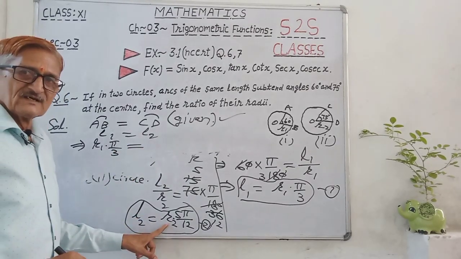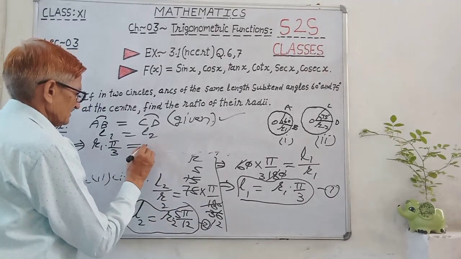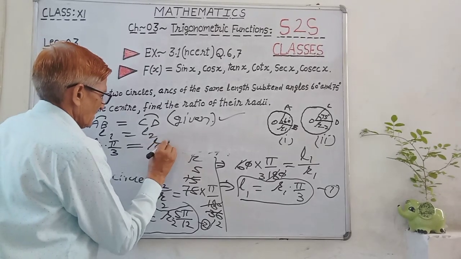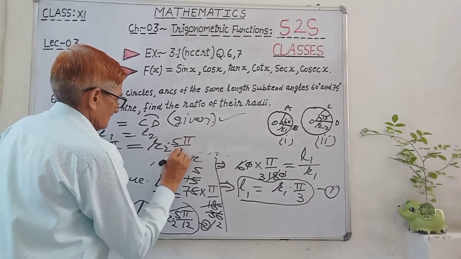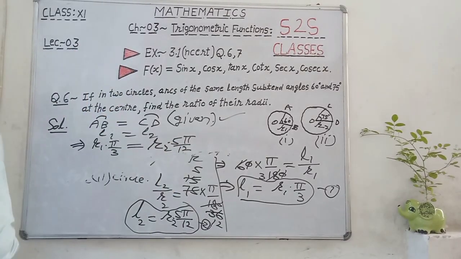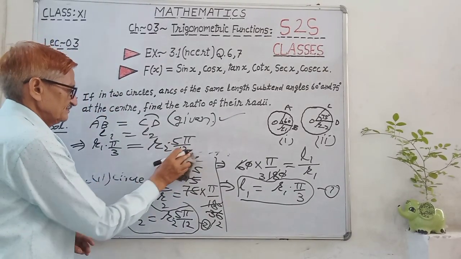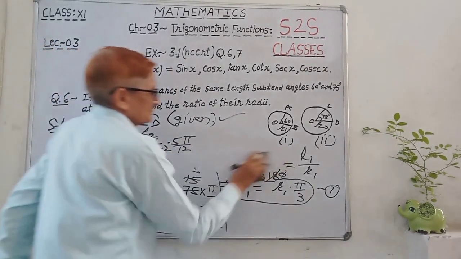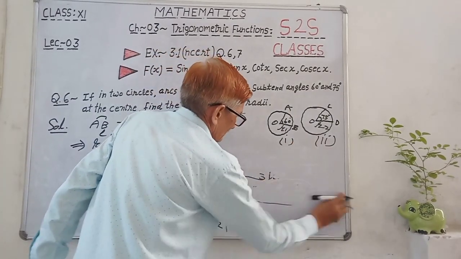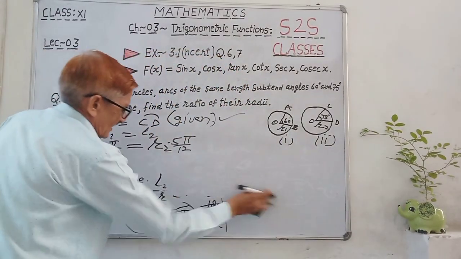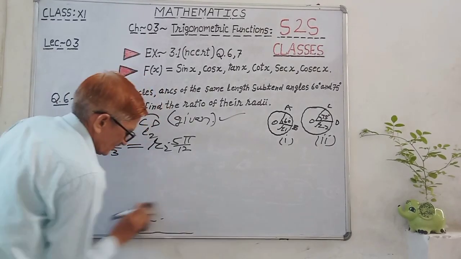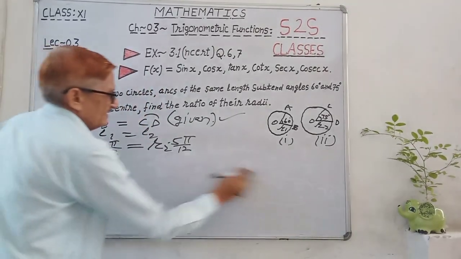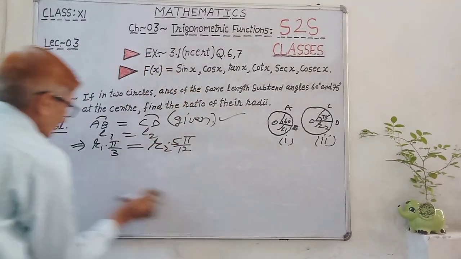L2 is R2 into 5 pi by 12. Okay, now simplify. We have calculated both L1 and L2, and both are given equal.